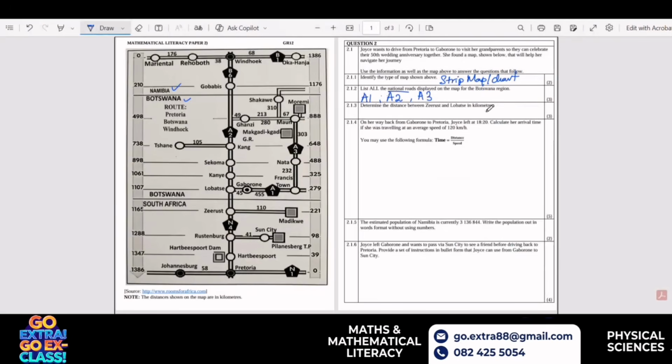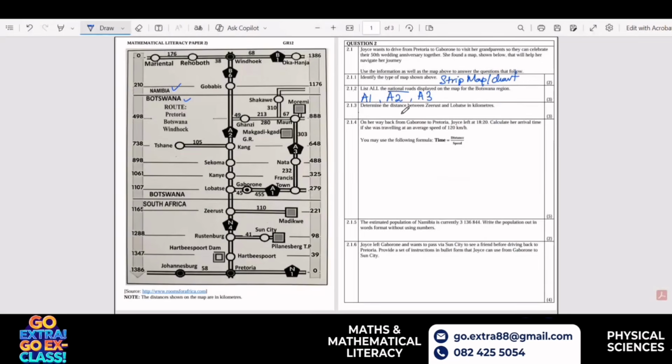So that is your 3 marks, and that's where it's going to come from. But if they were talking about South Africa, definitely it's going to be N1 and N4. These are the national roads that you see here. But if they're talking about Namibia, there's B1 and B6. Those are the national routes that are found in Namibia.